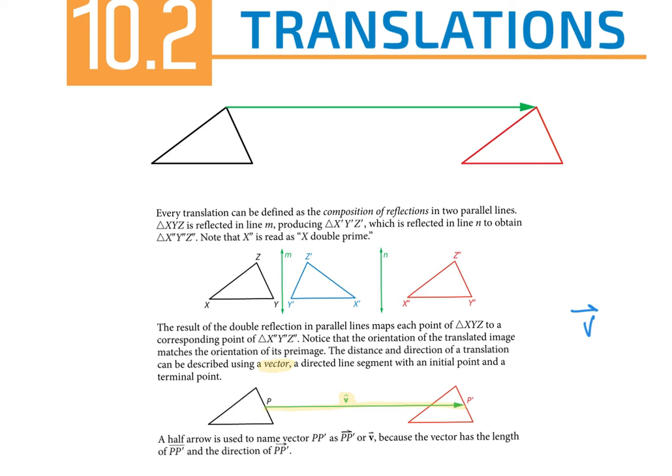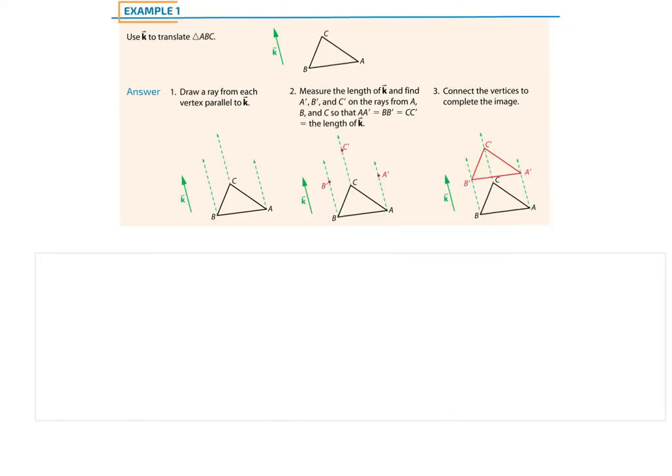The half arrow is because it has direction. Translations have a specific direction that they go in. Again, you can think of it as these parallel lines, and then they go a certain distance. The length of it is how far you're going.